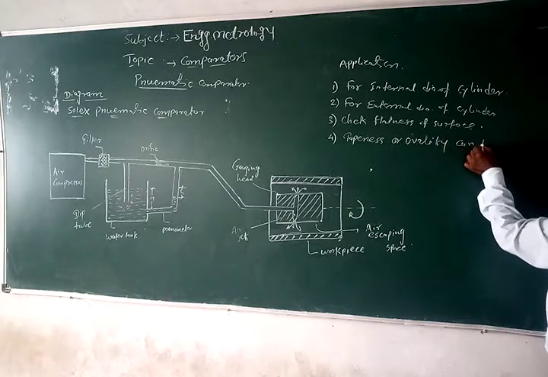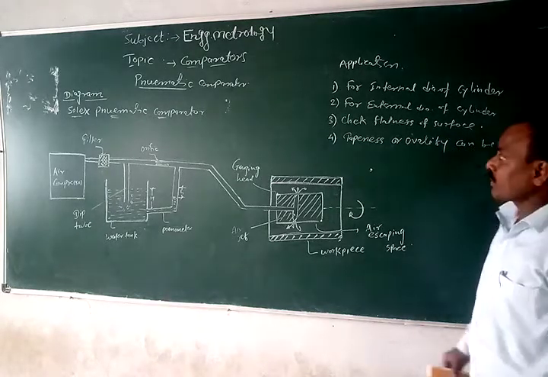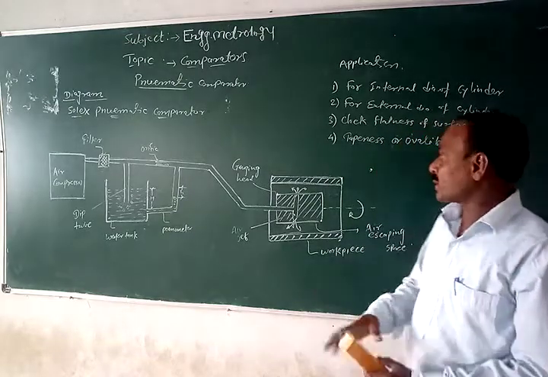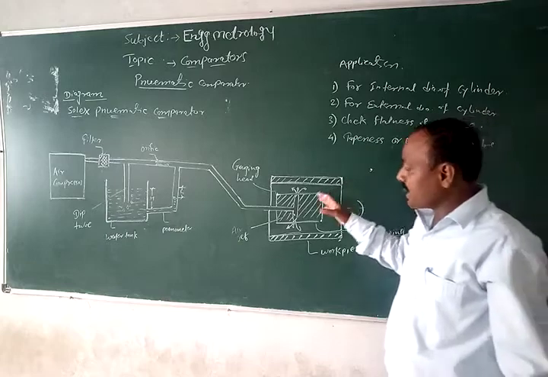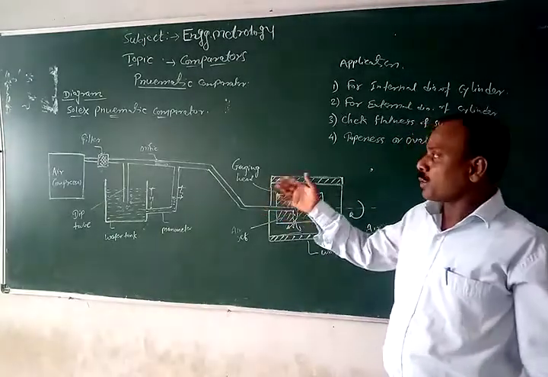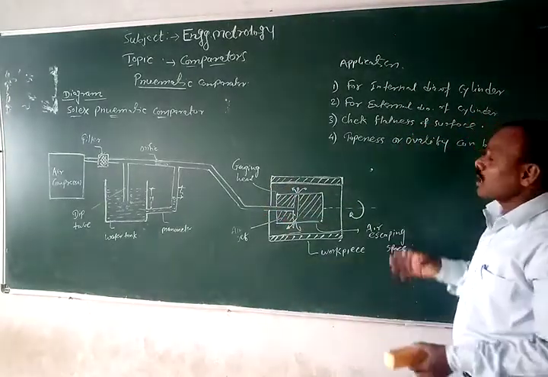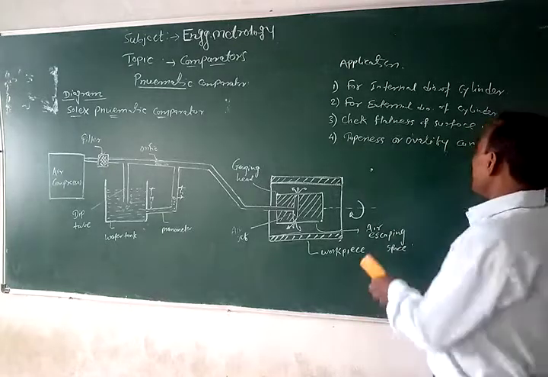These can be checked by this instrument. For a tapered surface, a taper cylinder, the dimension can be measured with this pneumatic comparator. This is the application. Now, the advantages.